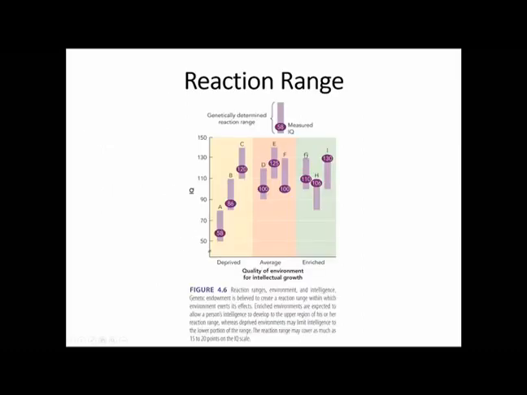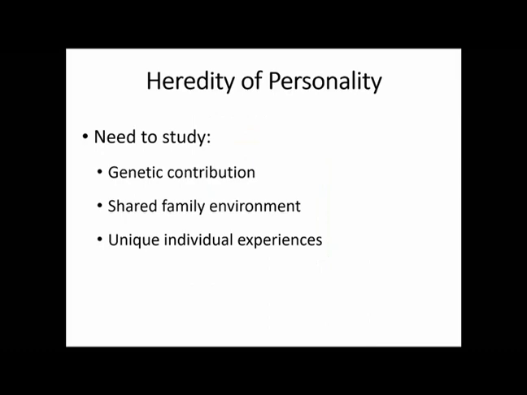So maybe there was something going on with individual G here that allowed them, even though they were in an enriched environment, to end up scoring lower on their reaction range than you would have expected just based on the environment. So maybe there's something else going on there other than just genes and environment.